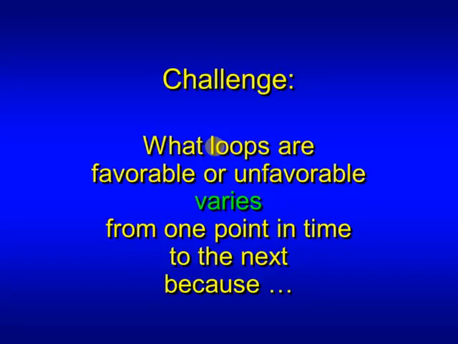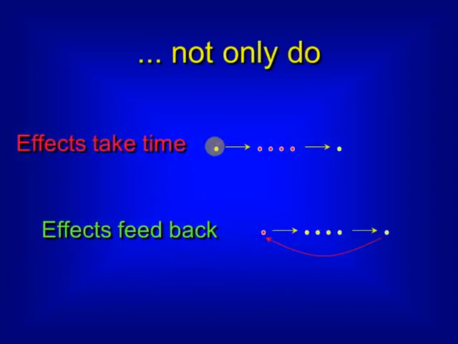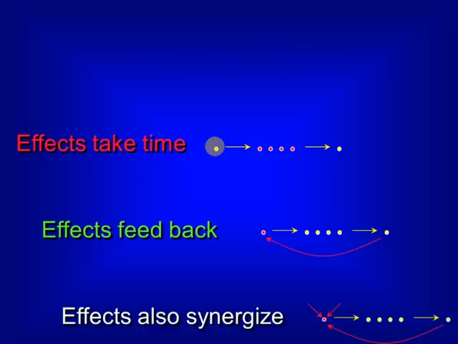where are the bottlenecks that we need to open up, and so on. Now, not only do effects take time, not only do the effects feed back, but the effects also synergize in nonlinear relationships. So what you see here is a feedback that comes back here, and that is not the only thing that influences a variable. There are other things as well, and they interact. They don't usually add up. They multiply, or they form more complex functions in creating a variable.